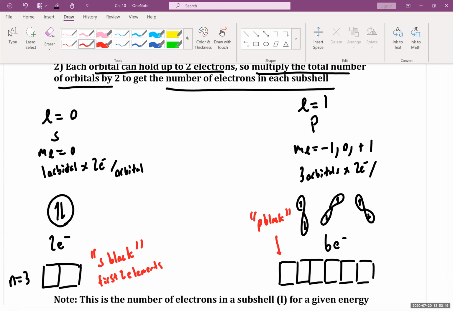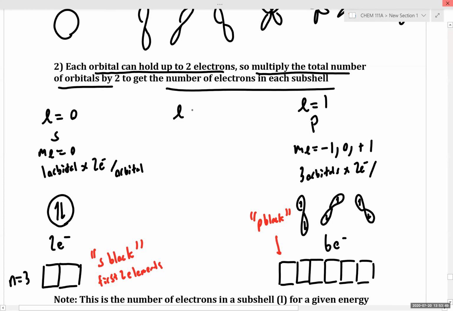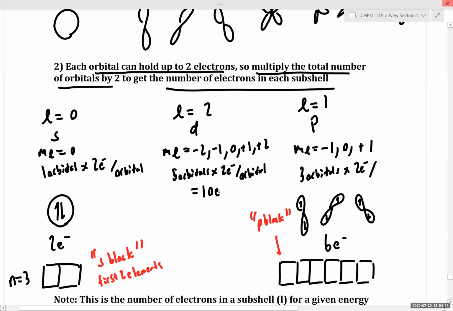Finally, for L is equal to 2, we have the D block, which has ML values of -2, -1, 0, +1, and +2. So we have 5 orbitals, and we have 2 electrons per orbital. That in turn gives us 10 electrons.